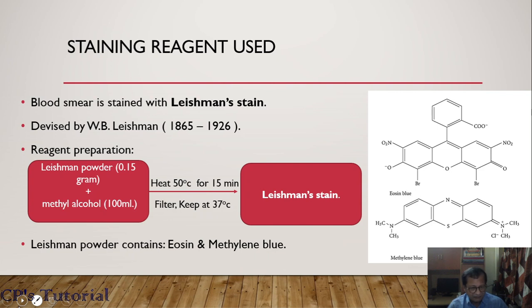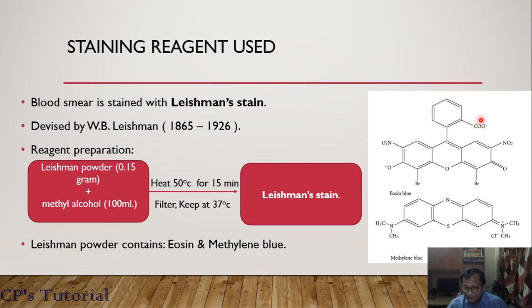If we consider the configuration of eosin and methylene blue, we can see in the structure of methylene blue that the amino groups here and here are responsible for its basic character.